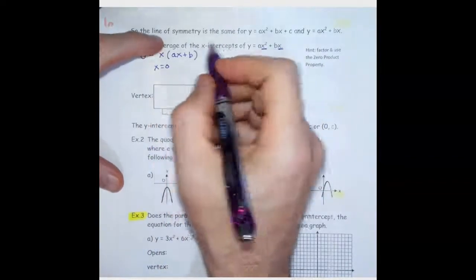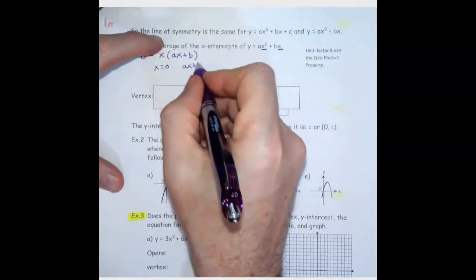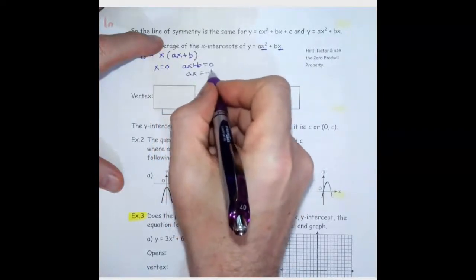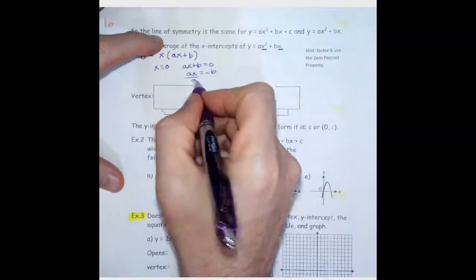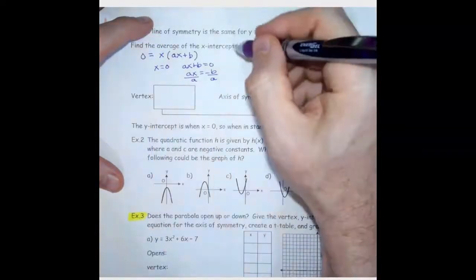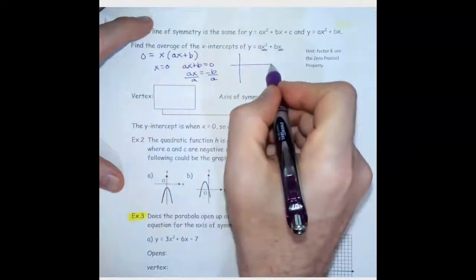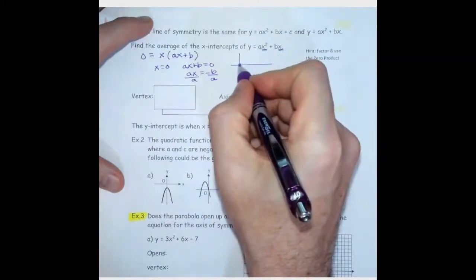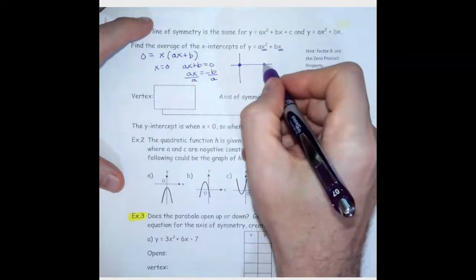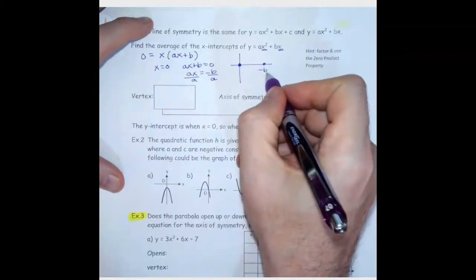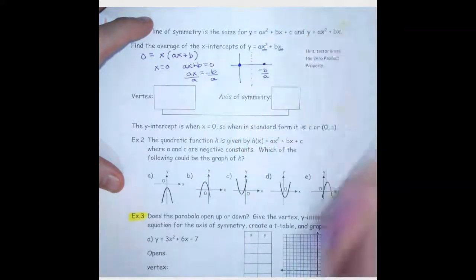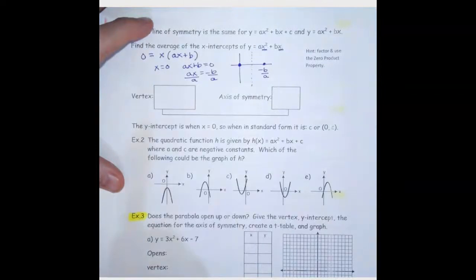And the other one is going to be ax plus b equals 0, or ax equals negative b, or x equals the opposite of b over a. So one of our x-intercepts is going to be the origin, and the other one is going to be the opposite of b over a. And that axis of symmetry is going to be right in the middle.